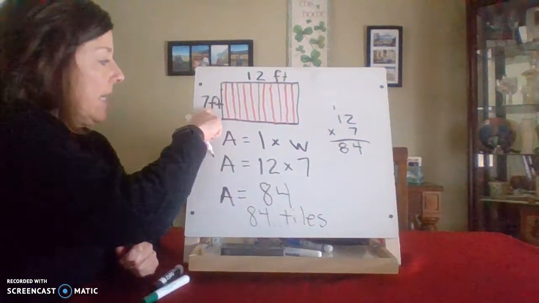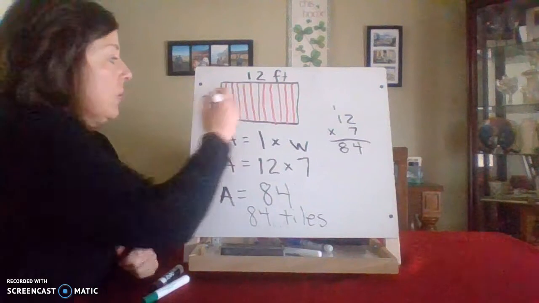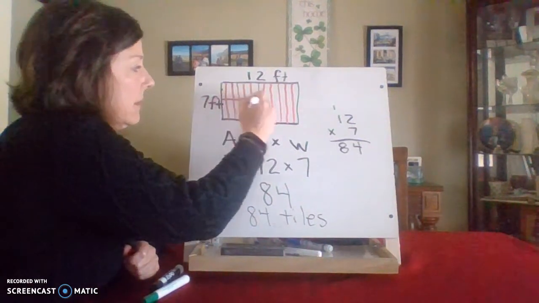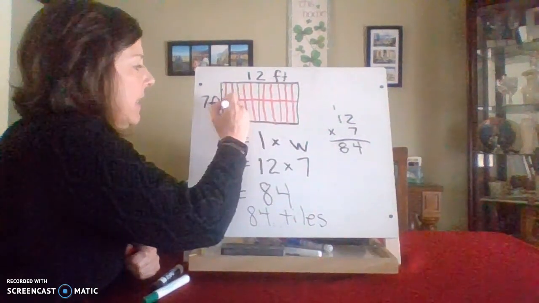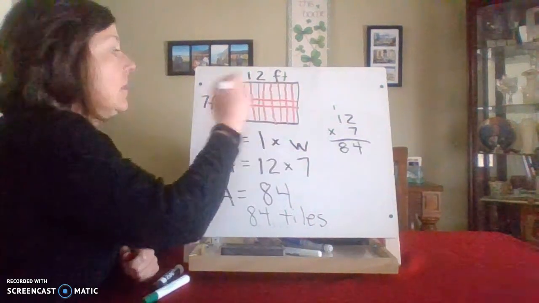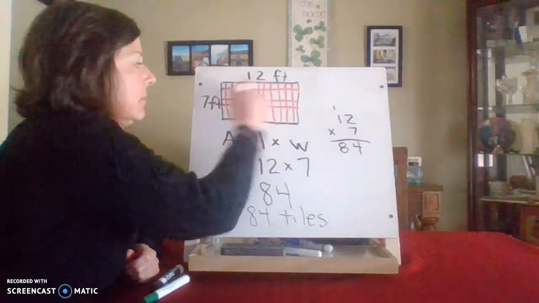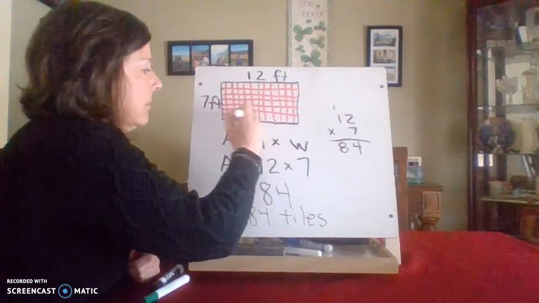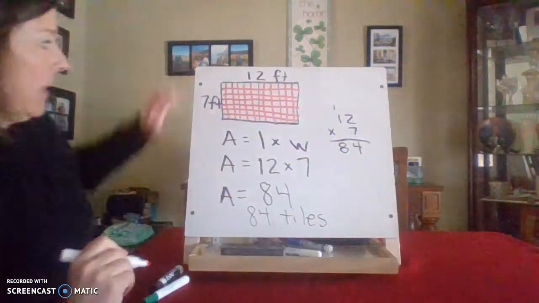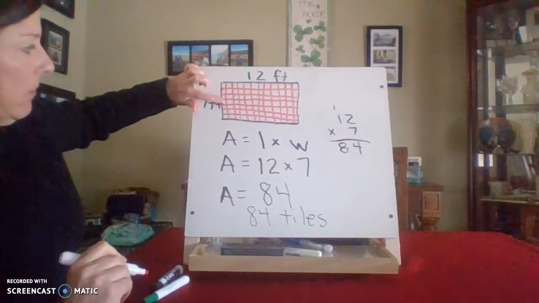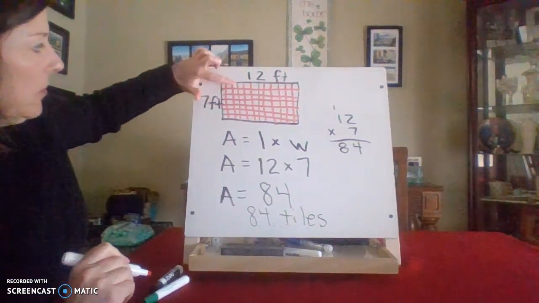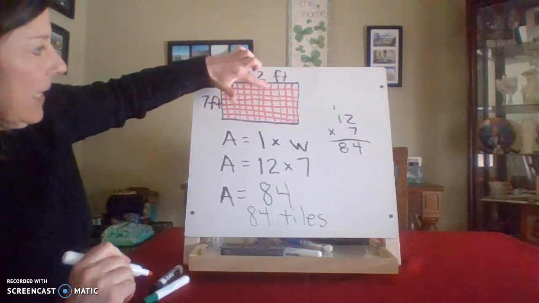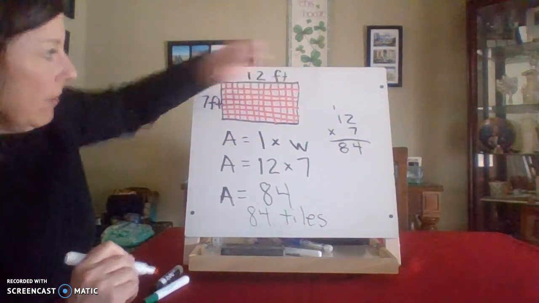I also know I have 7 feet for my width, so that would mean 7 rows. And I'm just going to double check. 1, 2, 3, 4, 5, 6, 7. 1, 2, 3, 4, 5, 6, 7, 8, 9, 10, 11, 12.